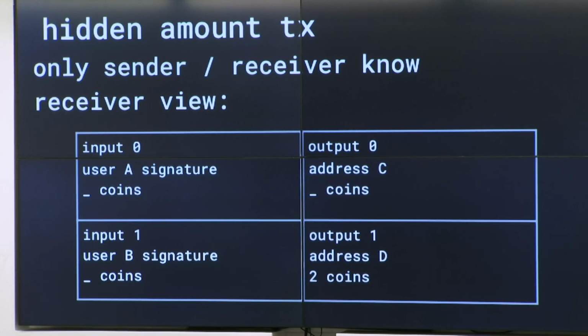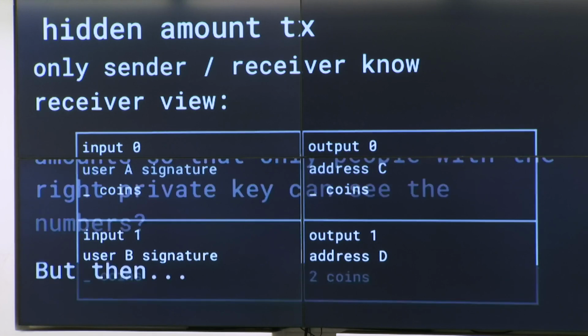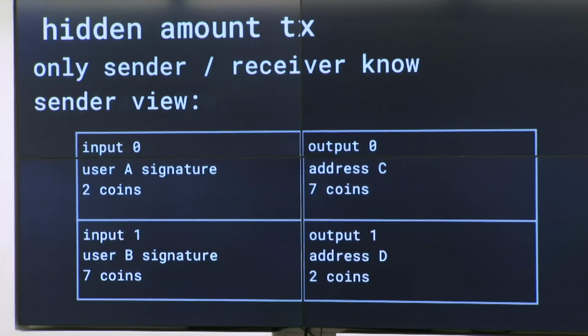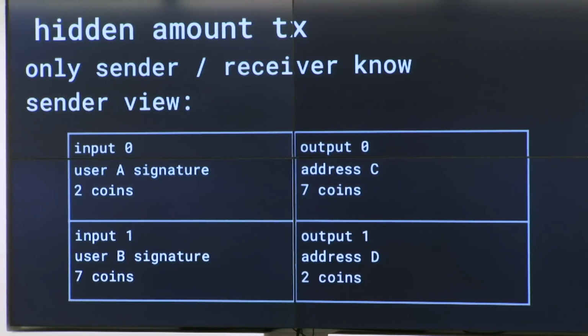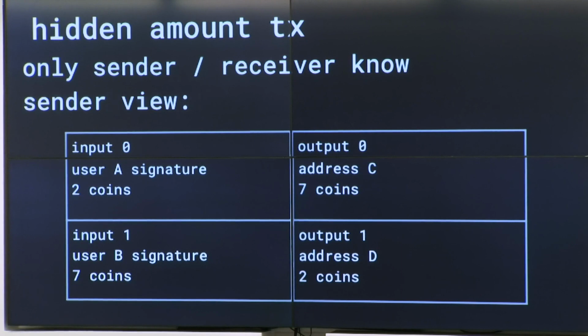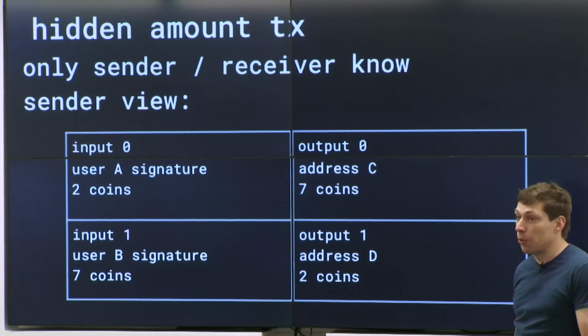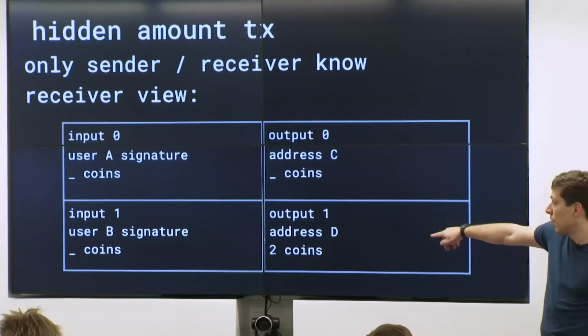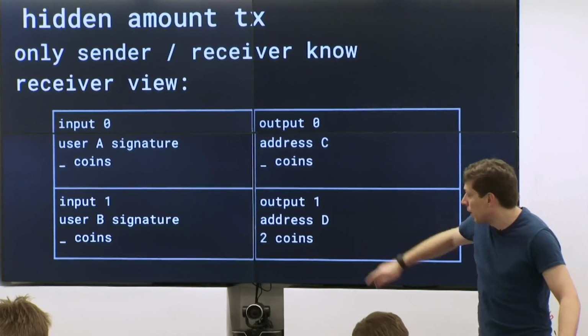Then the receiver would only know they're getting the right amount and not learn anything else about the sender's coins. Okay, so like I was saying, you might want to hide per output. If it's just global, where you either see everything or you see nothing, that's still pretty good, right? That's still better than what we have when everyone sees everything. But it is better if you can hide the rest of these 3 things from the receiver.